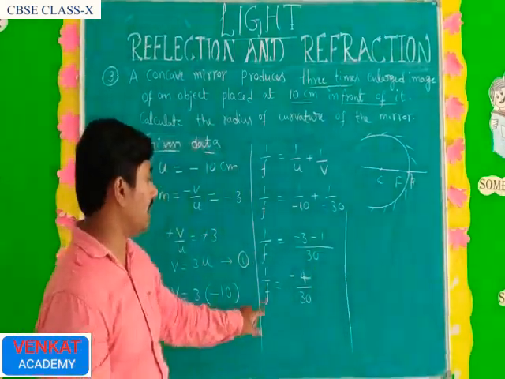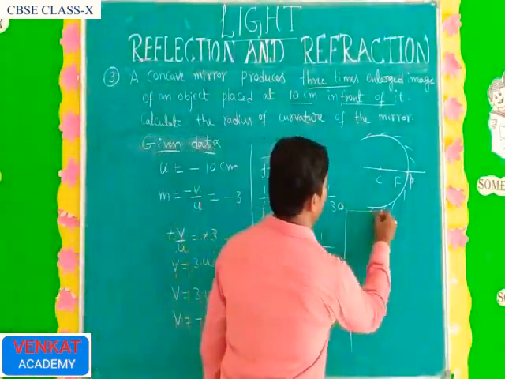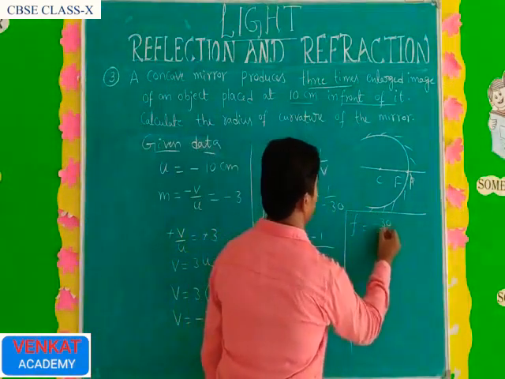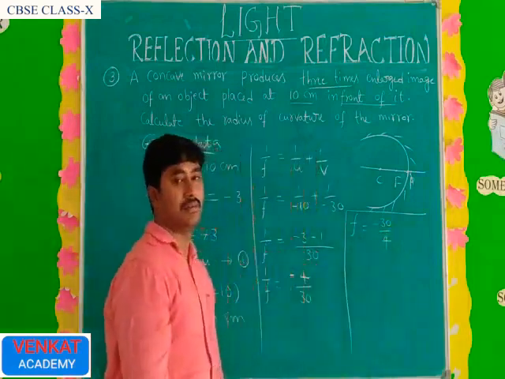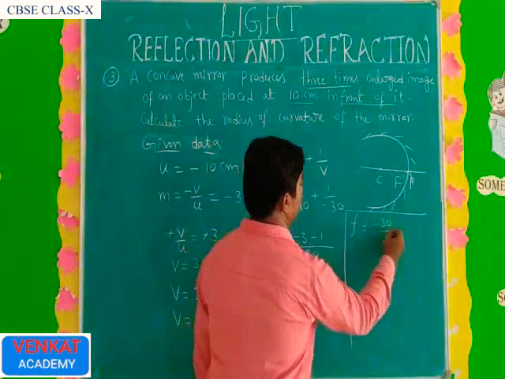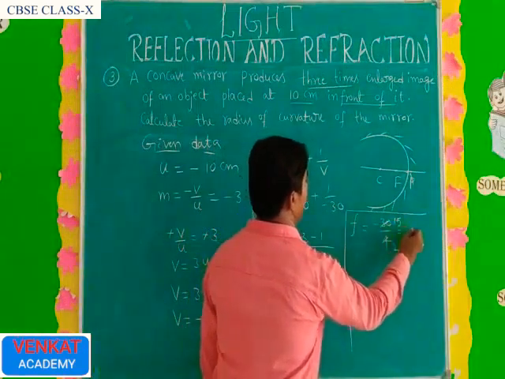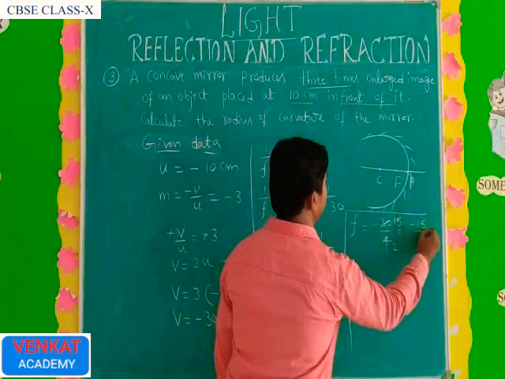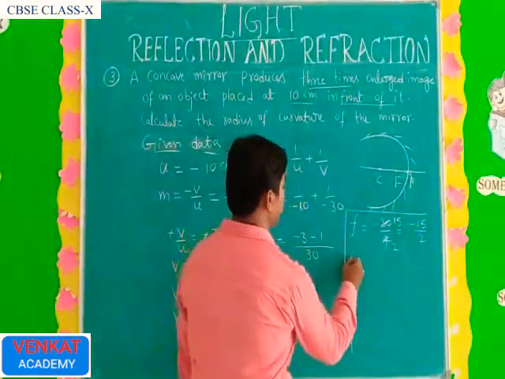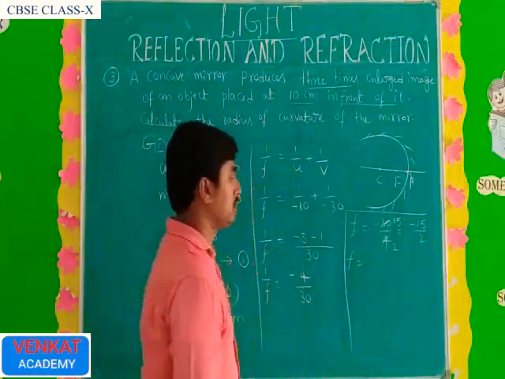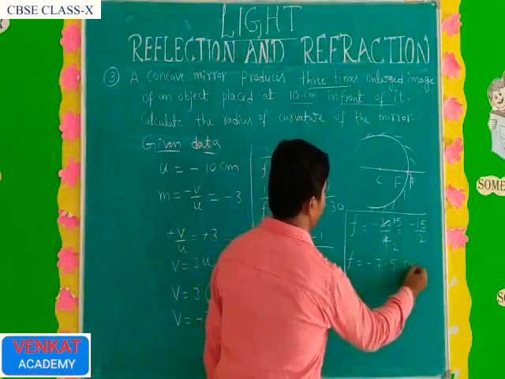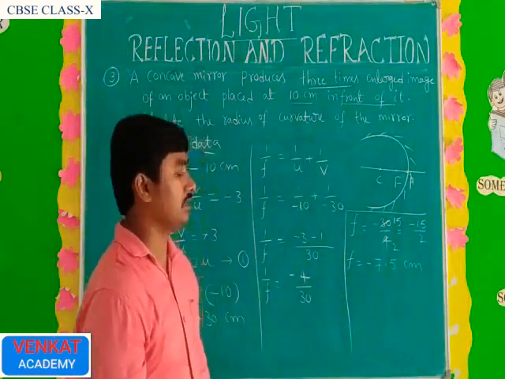Now take the reciprocal: f is equal to minus 30 by 4. Cancelling, it is minus 15 by 2, which is minus 7.5 centimeters. That is the focal length.